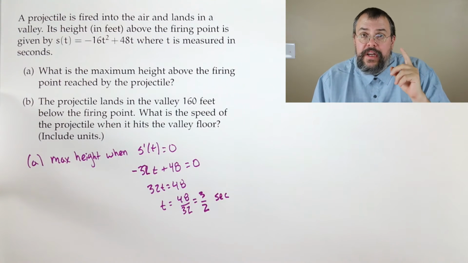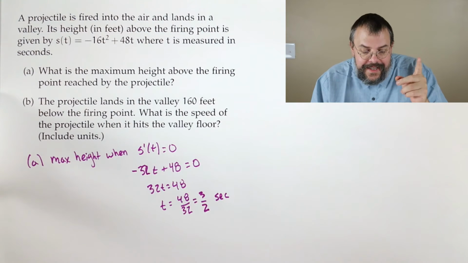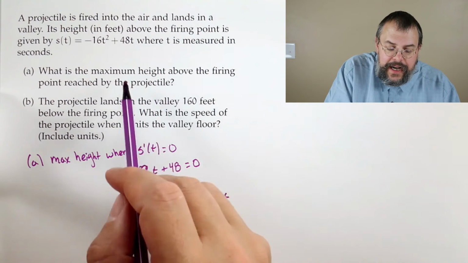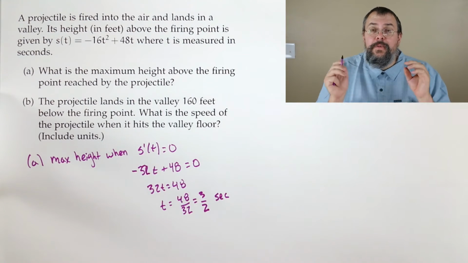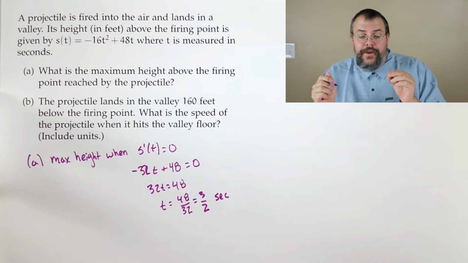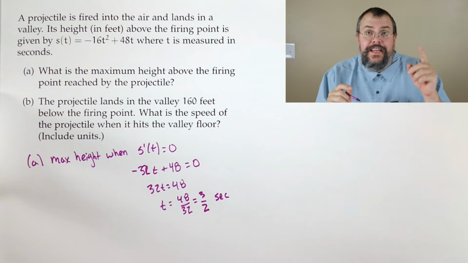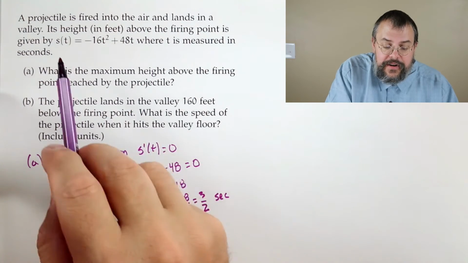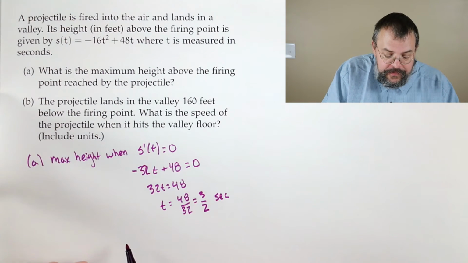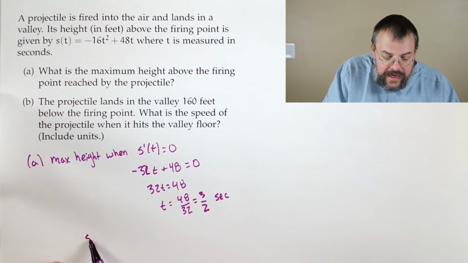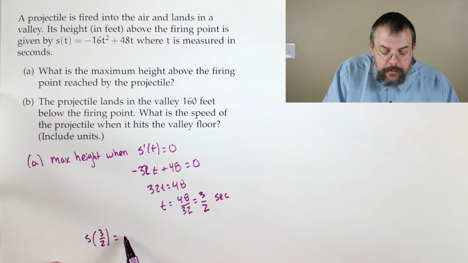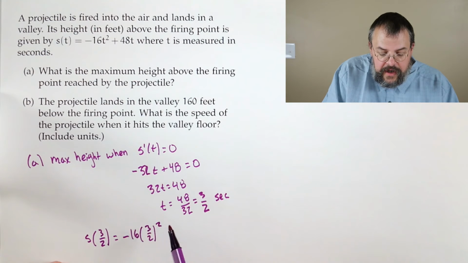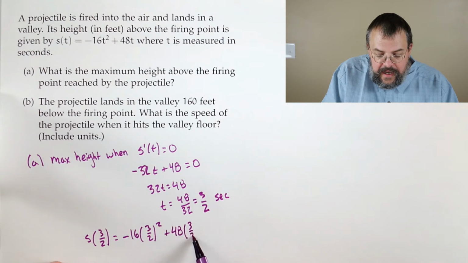But what were we looking for? We weren't looking for a when, we were looking for a height. So what do we do with that information? Well, we now plug it into our function. Our height would be when we plug 3 halves in. So that's minus 16 times 3 halves squared plus 48 times 3 halves.